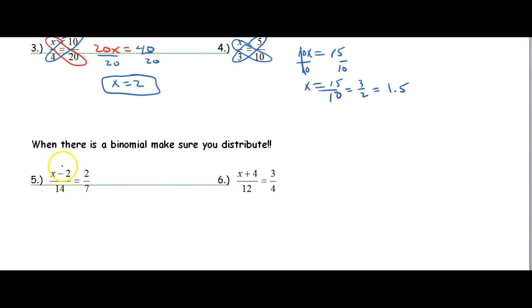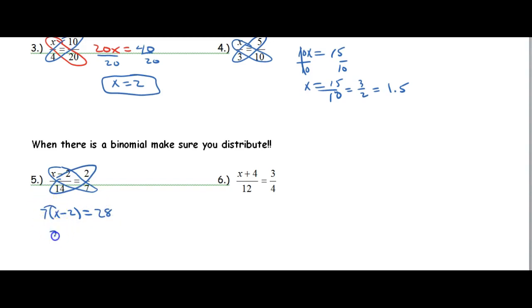Here, when we're solving this proportion, when you cross multiply this way, it's very important to know that you need to distribute the 7. So anytime you multiply a monomial by a binomial, you must distribute. So we would do 7 times x minus 2 equals, when I cross multiply the other way, I'm going to get 28.